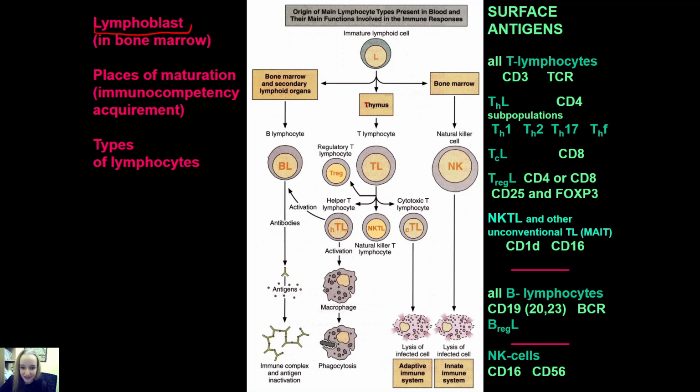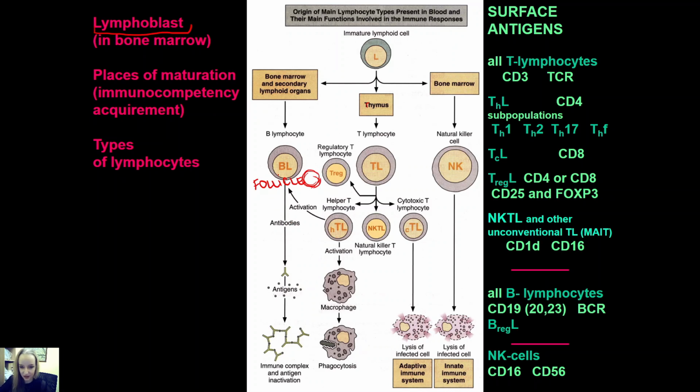B lymphocytes are produced in the bone marrow, and what are they doing? They go to a lymph node or to the spleen. They need to find some kind of follicle, so they are in the follicles. I'm going to show you how a follicle looks. They're building these round structures in a lymphatic tissue, and they need to be transformed into plasma cells to produce antibodies.